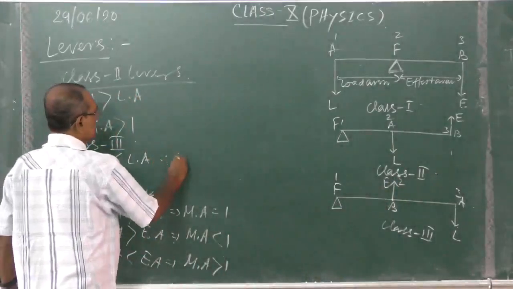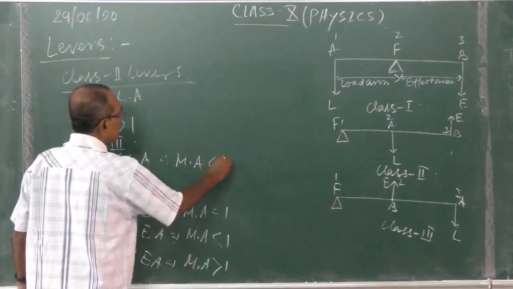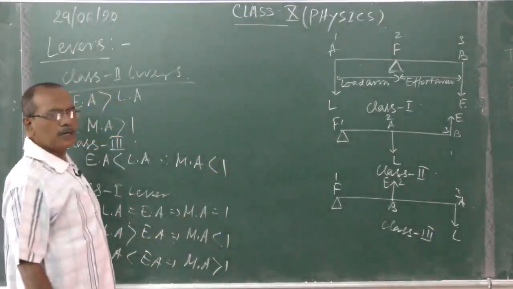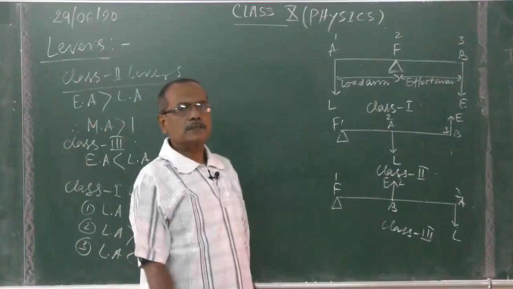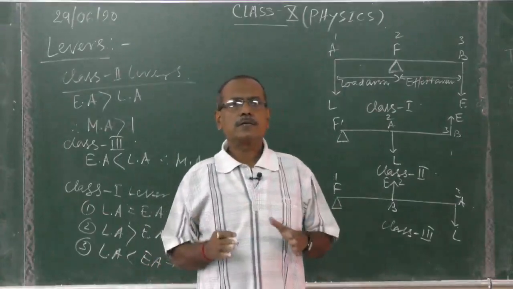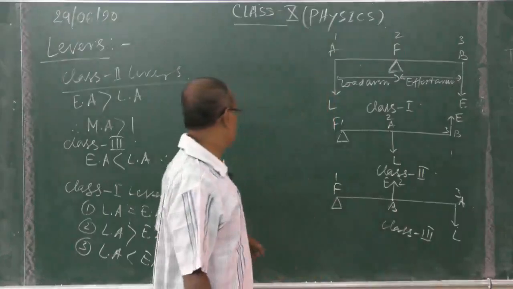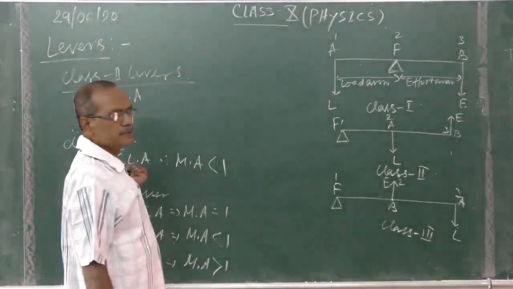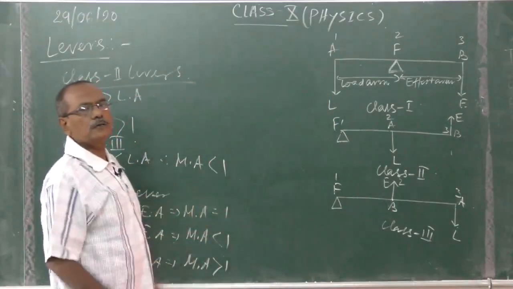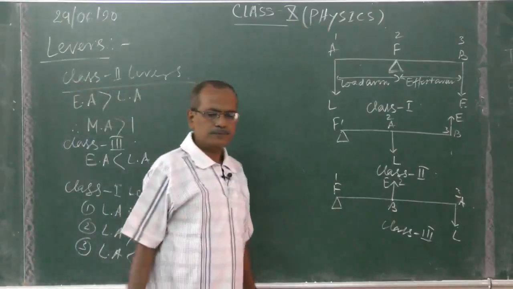So obviously mechanical advantage will be less than 1. It means it is a gain in speed. By movement of effort less, load will be moved more.